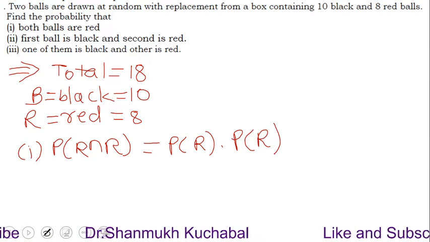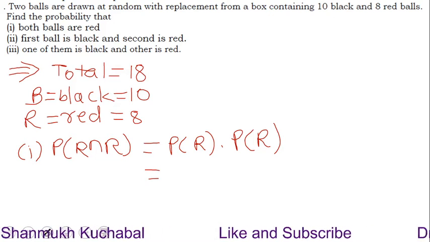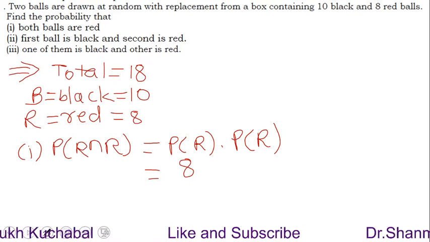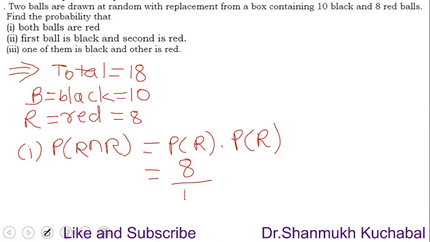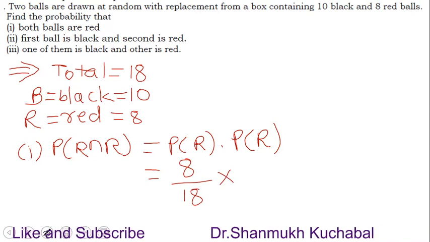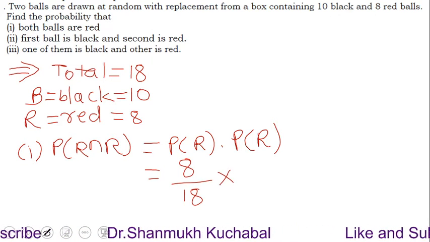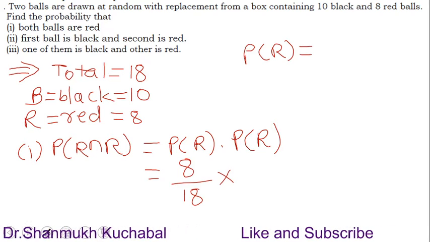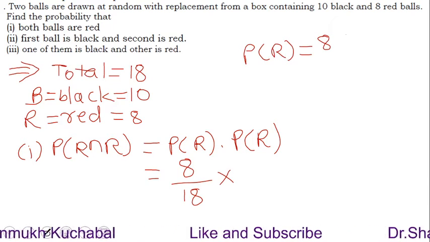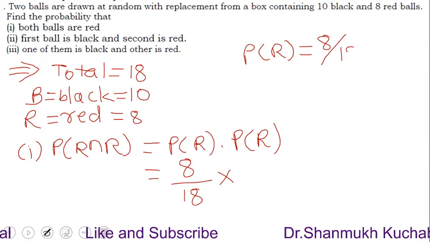Probability of R, where R stands for red. How many red balls are there? 8. Yes. And total how many balls are there? 18. So that is the probability of a red ball. Don't confuse here: probability of R is the total number of red balls, 8, divided by the total number of balls, 18.